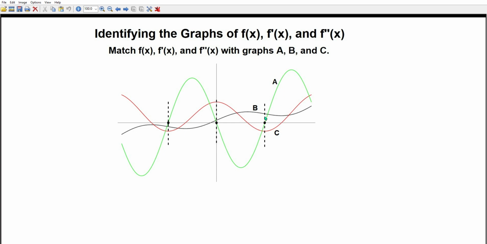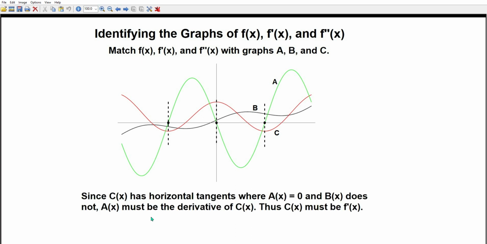So whatever it's the derivative of must have horizontal tangents there, and we see that C does, and B does not. That means that B cannot have A as its derivative, so C must have A as its derivative, and that means that C is f prime because f prime has f double prime as its derivative.